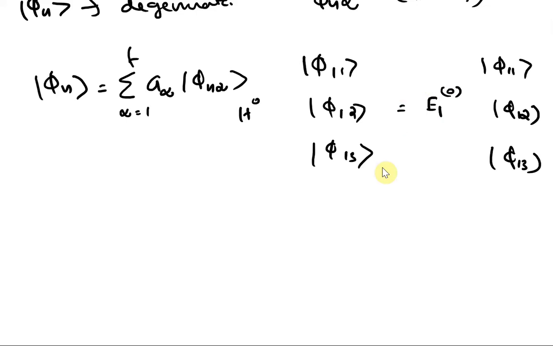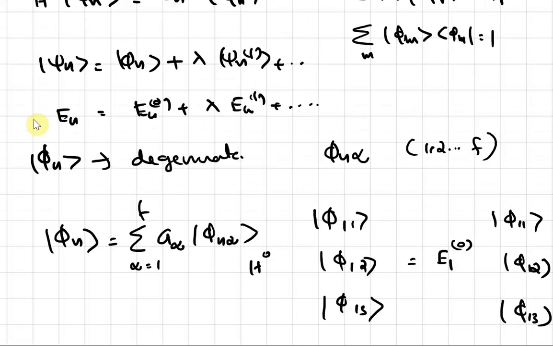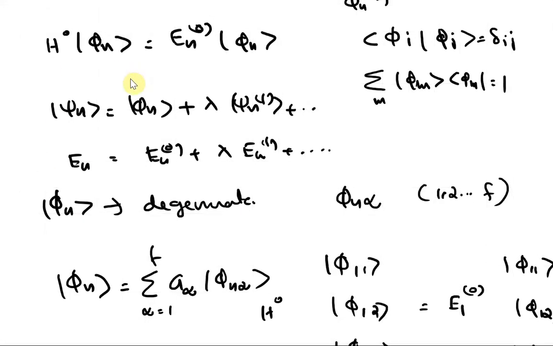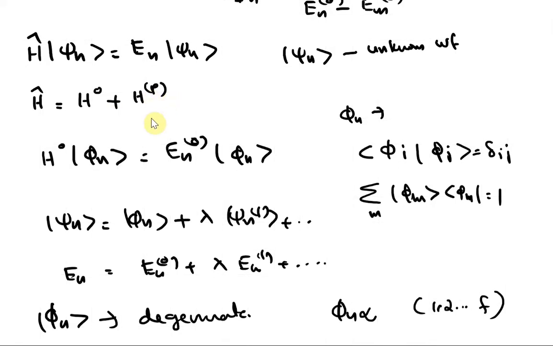This is what we know now about the degeneracy. According to perturbation theory, we will be finding the first order correction, lambda power 1. What we have to do is put the perturbed Hamiltonian on the basis.